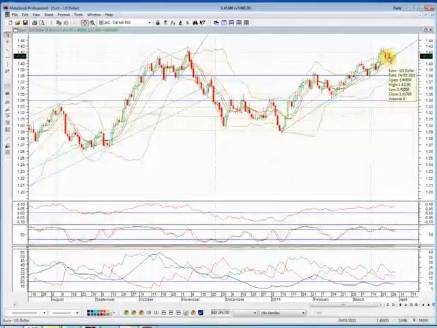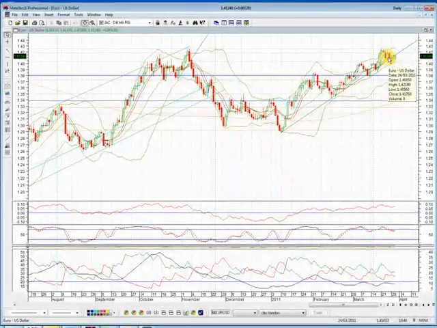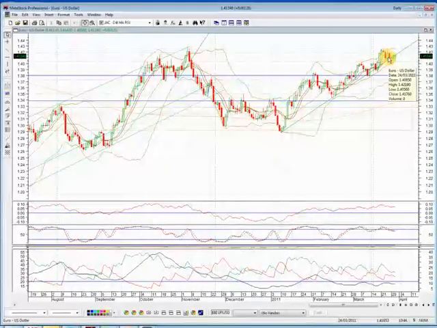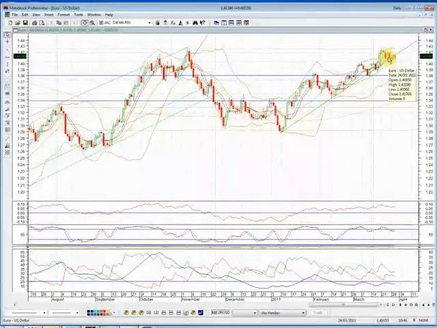So we need to approach trading or investing in a responsive manner. You need to respond to what the market is telling you. The market is not going to do something just because you said so, or because an indicator said so, or because that's what you believe the market is.